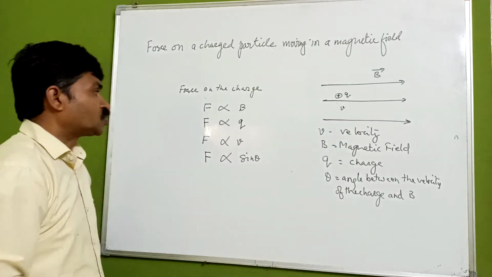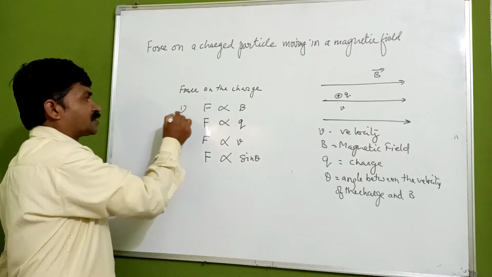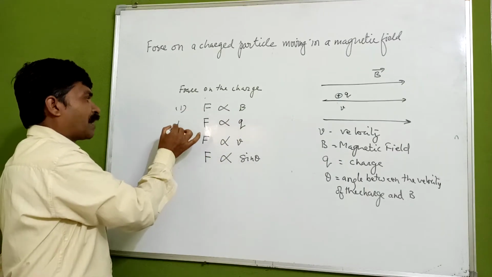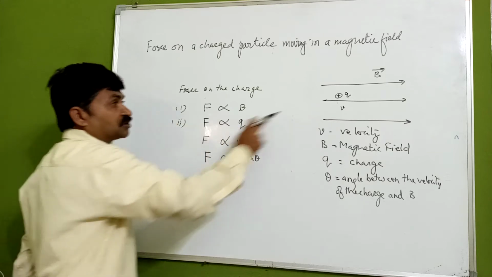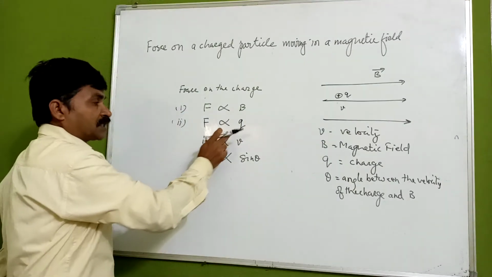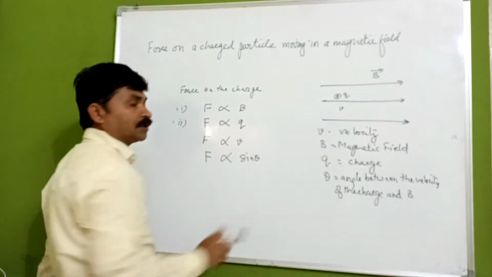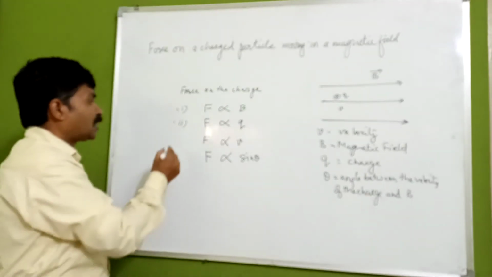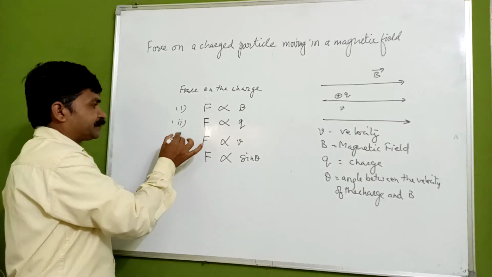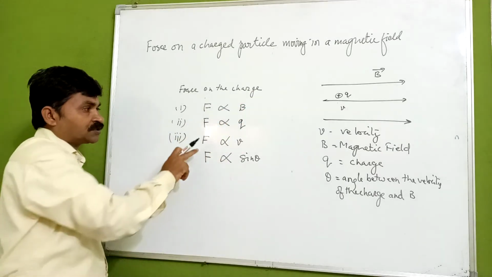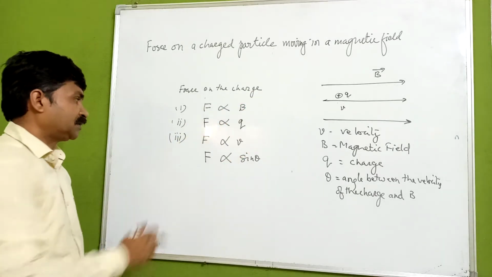So what we are getting: first, force is directly proportional to the magnetic field in which this charge is moving. Second, it is directly proportional to the magnitude of the charge. Third, force is directly proportional to the velocity.